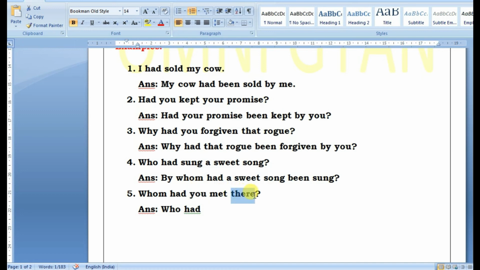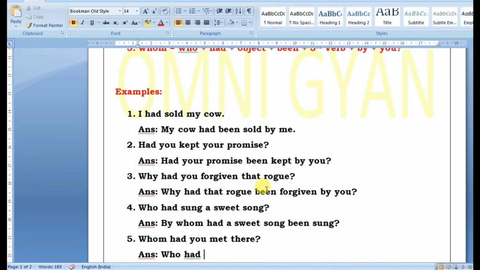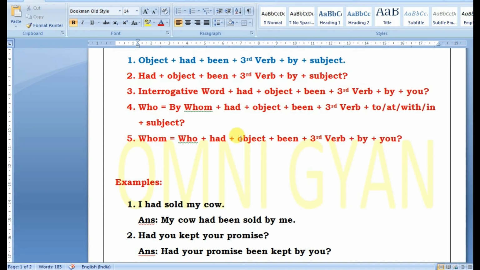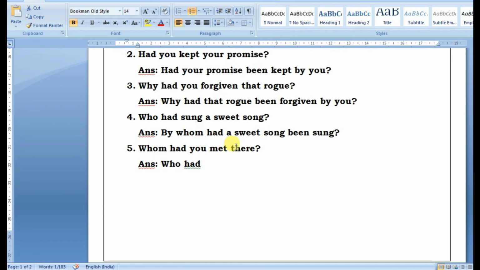There shows a place actually, so it is somewhat an indirect object, it is not a direct object. So this cannot be considered a definite object, an exact object. Okay, so what we do is that we skip this object part because this object is for direct object and there is not a direct object.